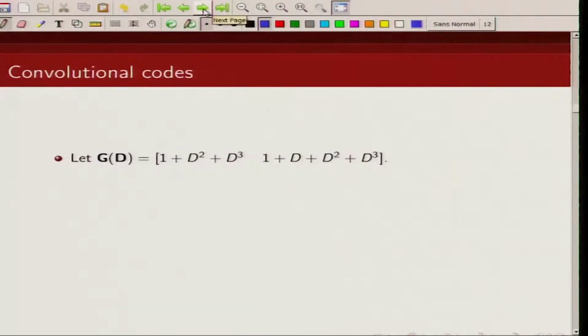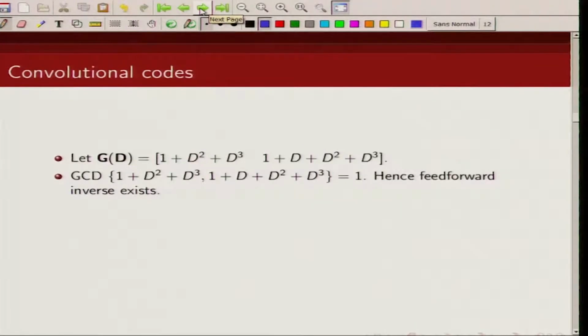Let us take an example where a feed forward inverse exists. We are considering a feed forward rate 1 by 2 encoder, with G0(D) this one and G1(D) this. What is the common divisor between them? We can check, they do not have any common terms, so the greatest common divisor is 1.